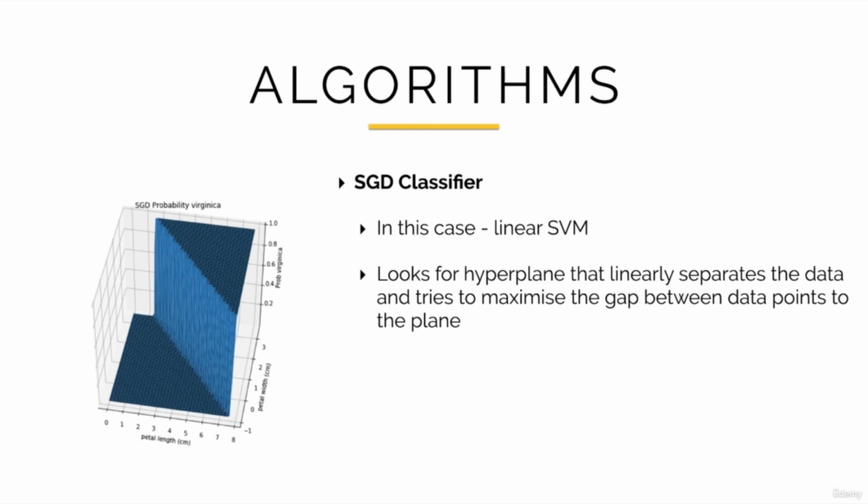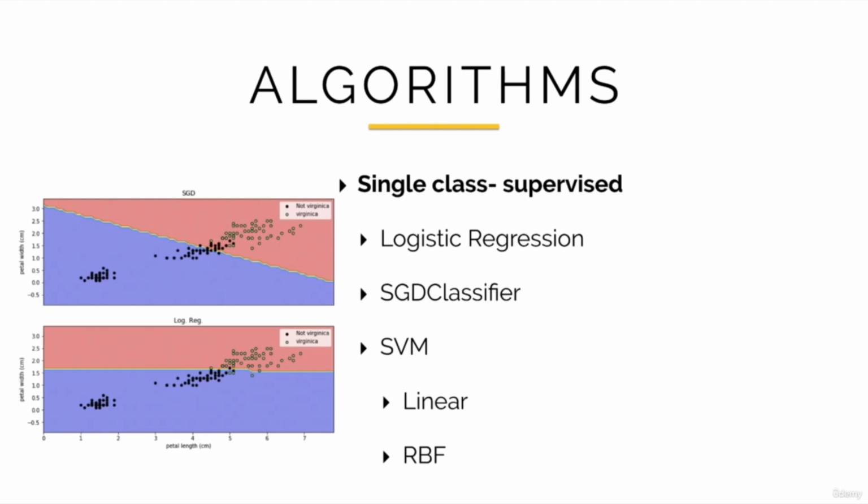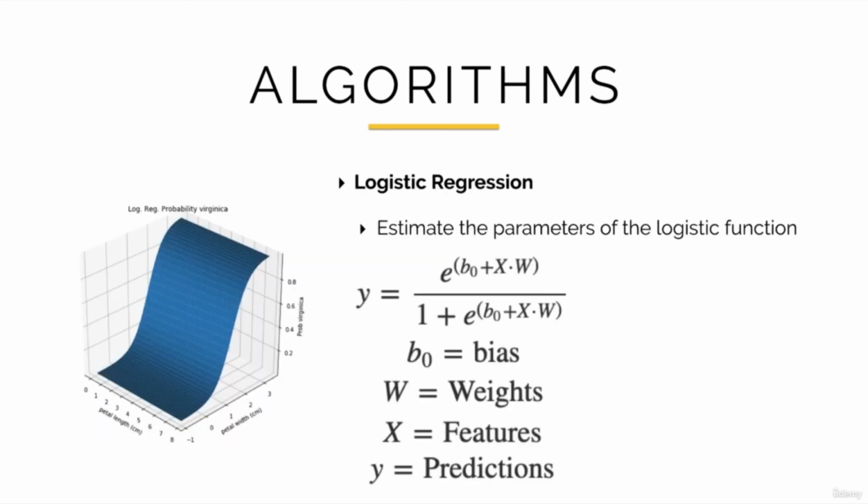And so that's exactly what we see here. What the algorithm is trying to do is find a good line that separates the data, but also keep the distance from the data points to the line as big as possible. And so the algorithms take different approaches to the problem, and therefore we can also see that they come out with different results.